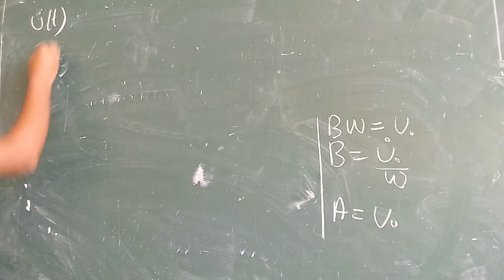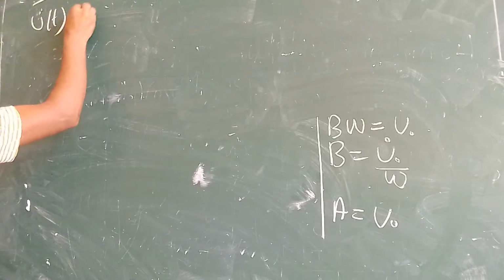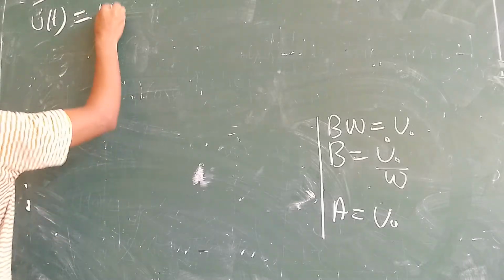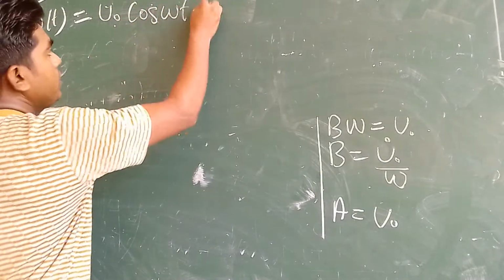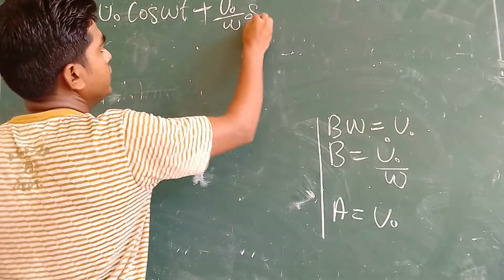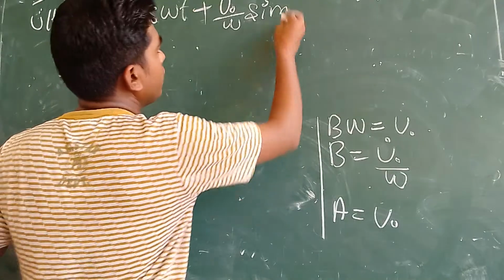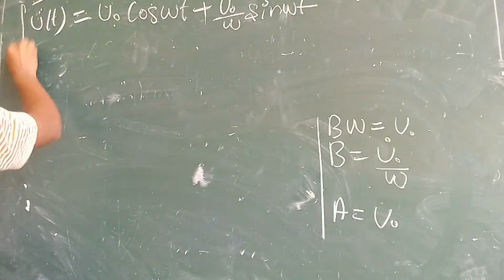Now the solution: u equals u naught cos omega t plus (u dot naught by omega) sin omega t. This is the solution part.